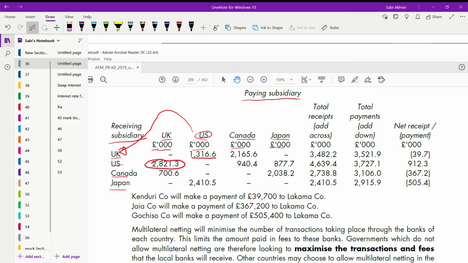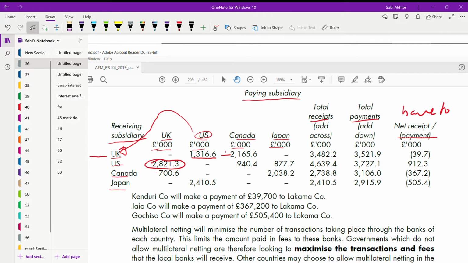So when you are having this, next step is total receipt, write first, then you write total payment, then you have to write net payment and net receipt. You're getting marks for it. You are writing receipt. How are you writing the receipt? You are adding it downwards. No, add across, I'm sorry. Add across. That means you are adding like this.